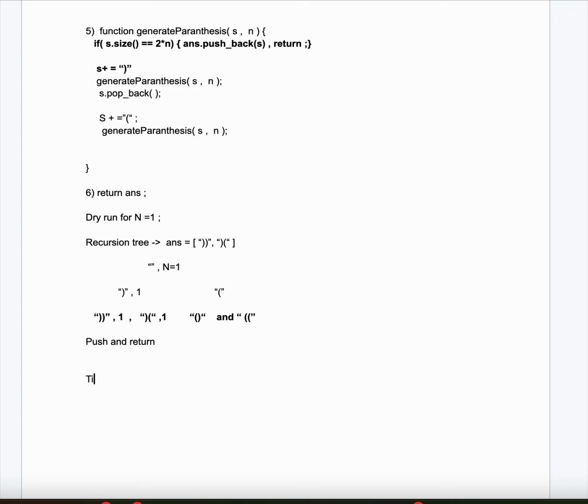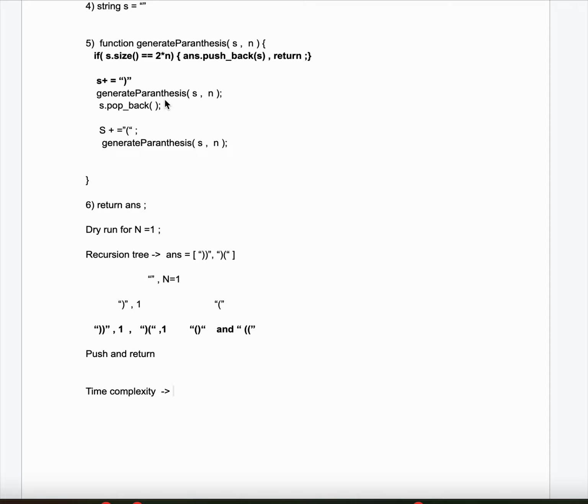We can talk about time complexity. Here we have a function, and inside of it we are making 2 calls that again have n as a parameter.